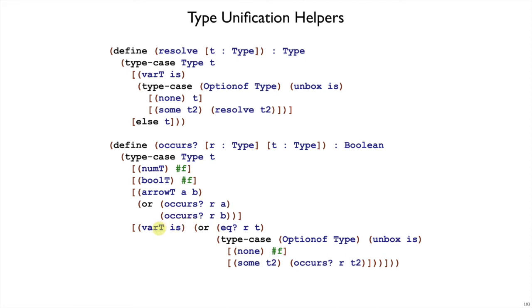And if the other type is a type variable itself, then maybe we found the one we're looking for, and we detect that using eq, or that second type variable is assigned to something already, and so we need to effectively resolve it, but the resolve is sort of built into occurs also to check whether r occurs in t2. Notice that we don't have to consider the case that r has been assigned to a type itself, because we only use the occurs check when r is not already assigned to a type.